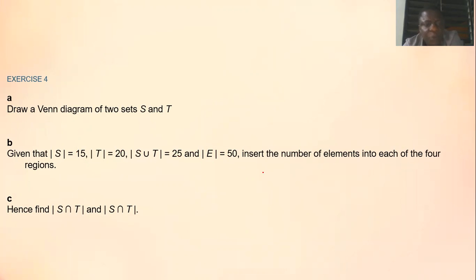Draw the Venn diagram to illustrate those figures. Then go ahead and find S intersection T, and then S union T. Here is a typing mistake, so note this correction. It's S union T.